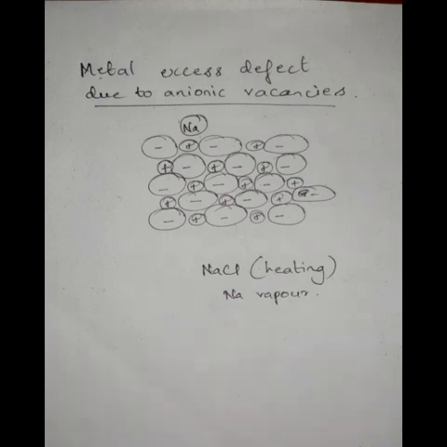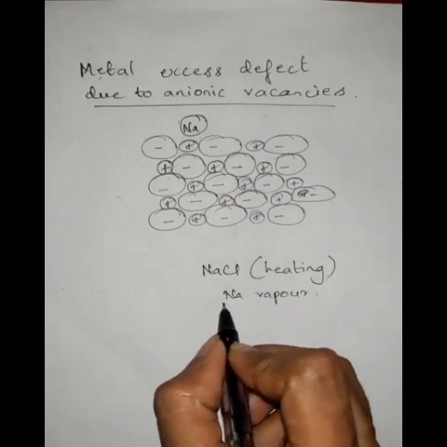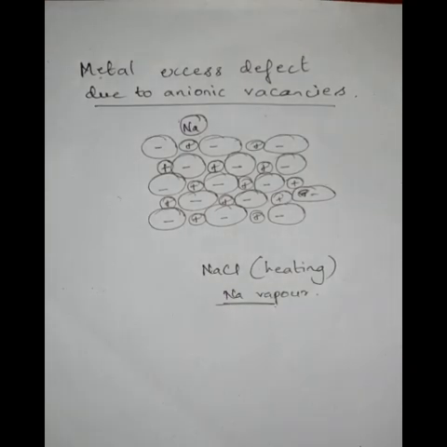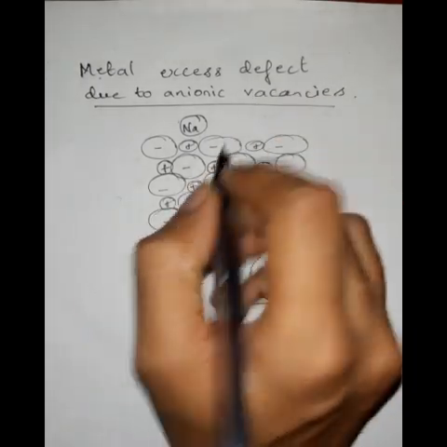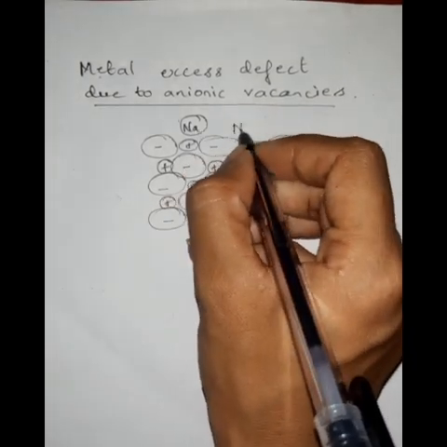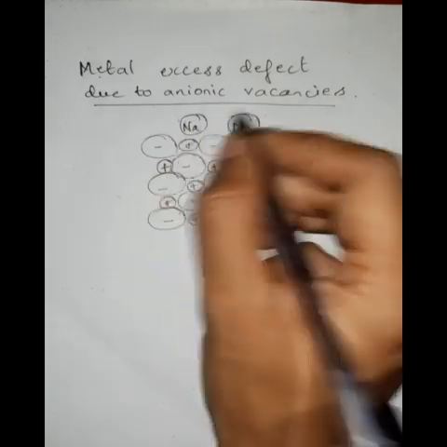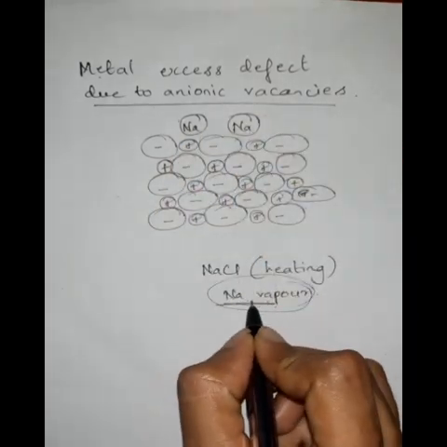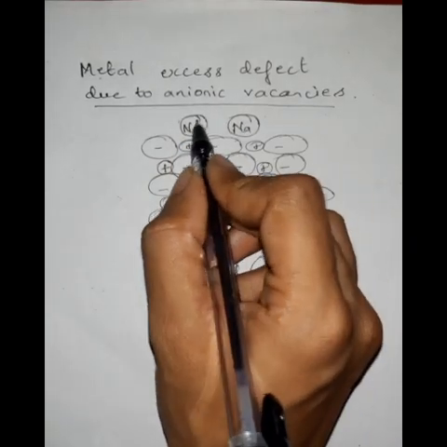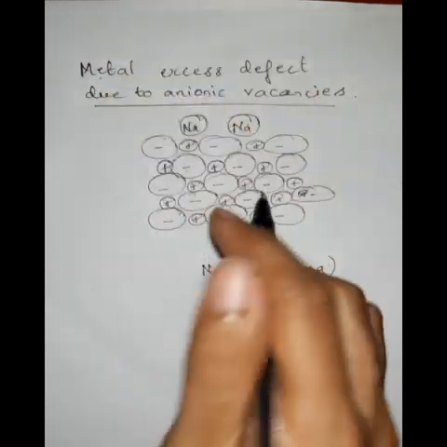When you heat crystals of NaCl in the presence of sodium vapor, this is one particular crystal. These are sodium atoms. I told you this sodium is there as vapor, so these are sodium atoms on top of the crystal.